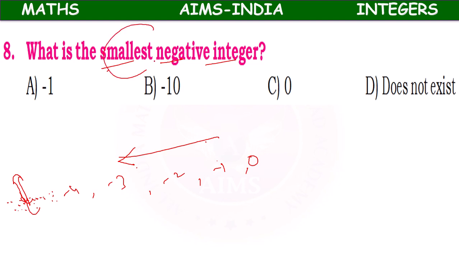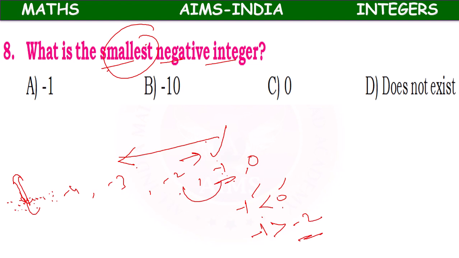What is the smallest negative integer? Is minus 1 the smallest integer? Minus 1 is less than 0. Compared to 0, it is smaller. But minus 1 is greater than minus 2, because minus 1 is towards the right side of minus 2.